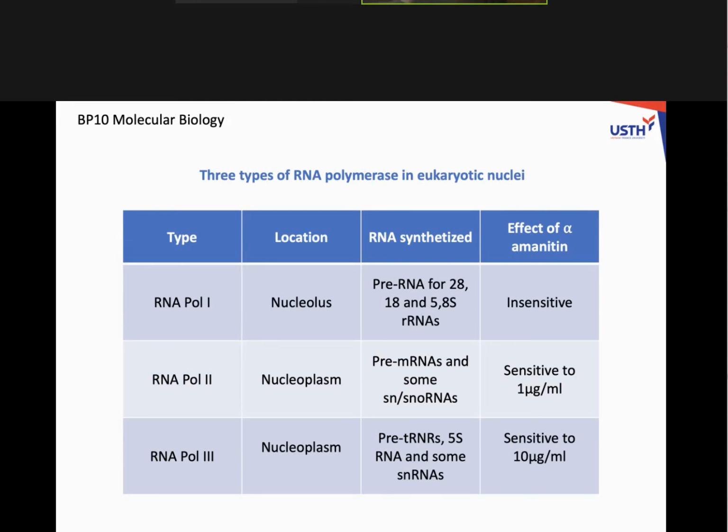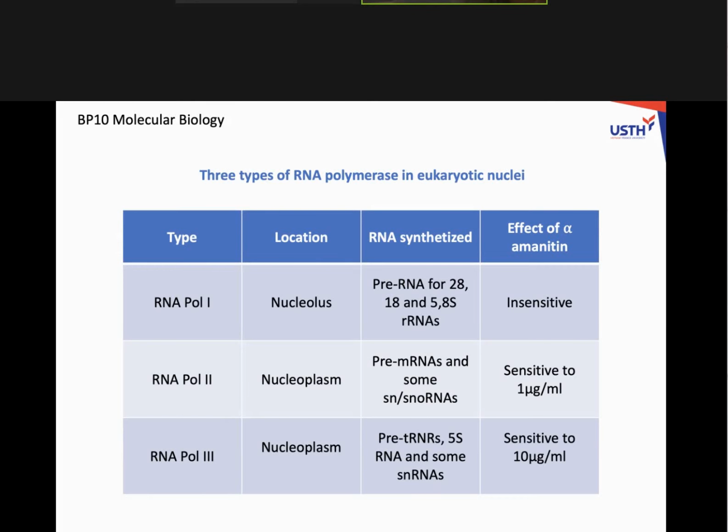So we have to really separate these two. There is no relation between these two classes of enzymatic complexes. What we are going to see today are RNA polymerases that are able to transcribe RNA from DNA, from the genomic DNA.